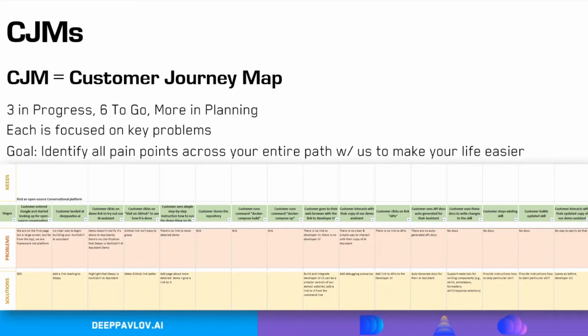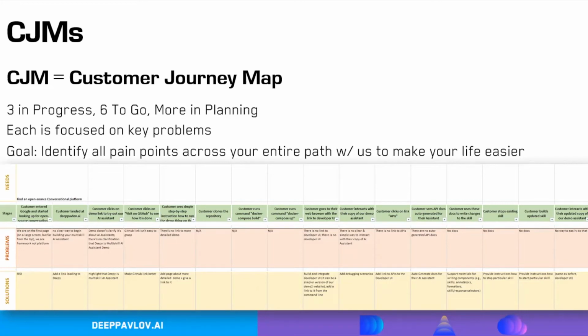Then for each stage, we identify key problems that you may face during your path. And finally, we suggest different kinds of solutions that could help us to make your path through this map easier.